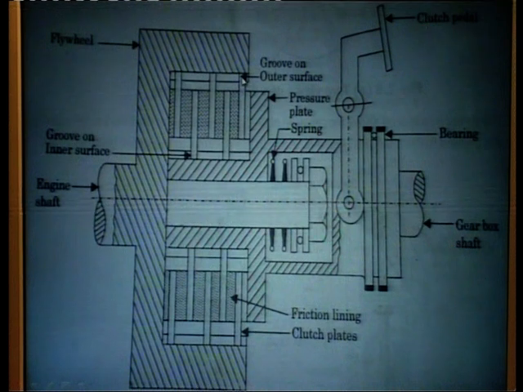This is 1, 2, 3, the number of plates. Then these are springs that develop the pressure. And this is the clutch pedal. Then bearings. Then the gearbox shaft, that is the output. Then friction lining. This is friction lining. These are clutch plates.